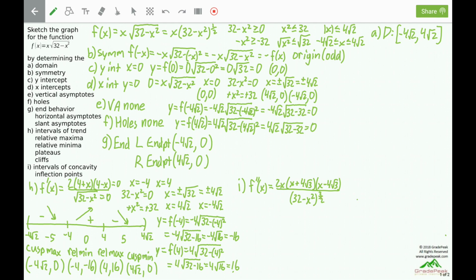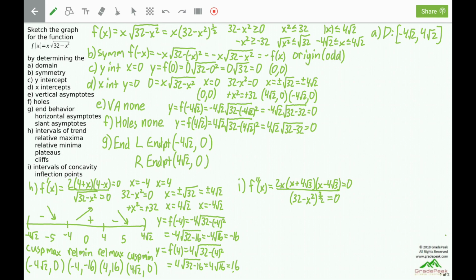And now we have our second derivative as a single fraction. All powers are positive. It's fully factored, so we can set the numerator equal to 0 and set the denominator equal to 0 separately and solve for all x's.